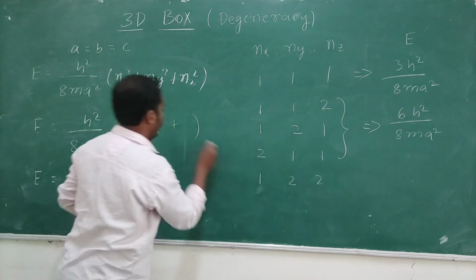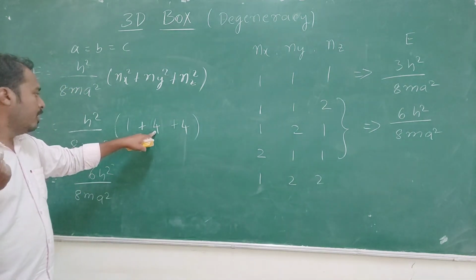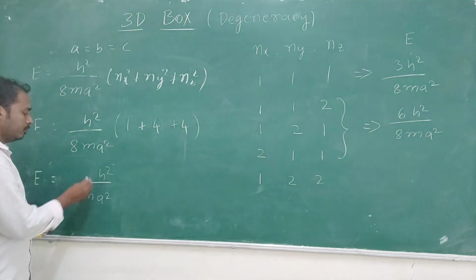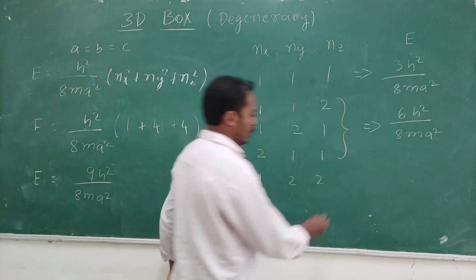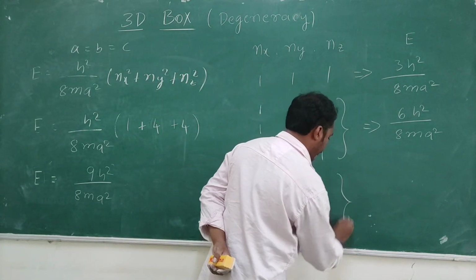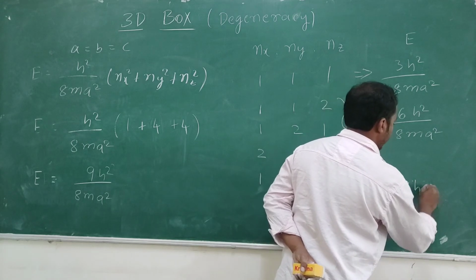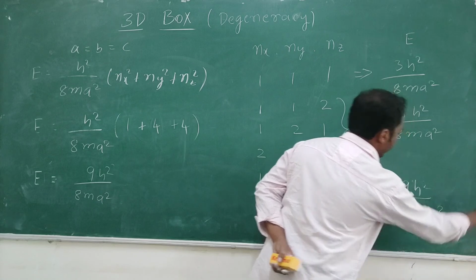Similarly, we have 4. So 4 plus 4 is 8, 8 plus 1 is 9, which is equal to 9h square divided by 8 m a square.